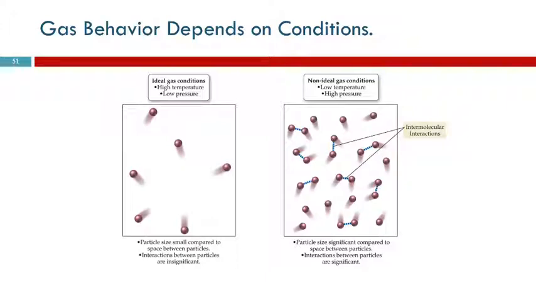Muscular, but very slim. Linebackers, big. They're tall and they're wide, right? Now the size is going to matter because they're in a small area. So that's like a gas under high pressure. The size of the particles matters. So when we have low temperatures and high pressures, then the ideal gas law doesn't work very well.